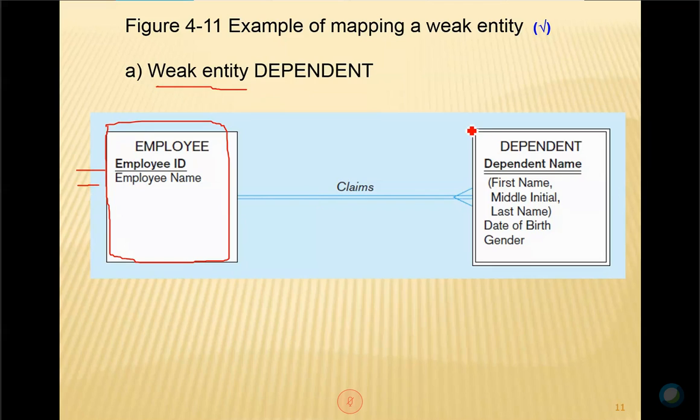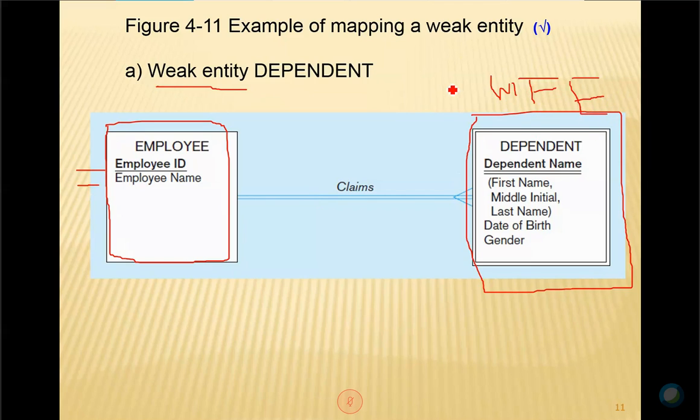But here I also have an entity called the dependent, and it's a weak entity. Why do I call this a weak entity? You can think about this like my wife and my children. I need to have this information about my wife and my children so they can use my insurance at Georgia State.